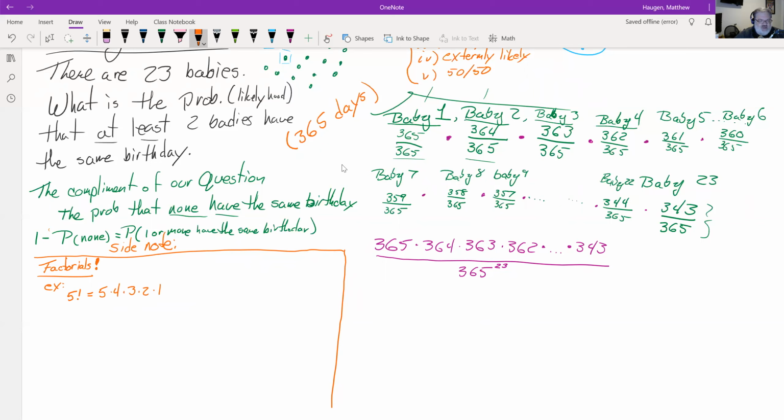It's the product of every counting number from the number given down to 1. So 5 times 4 times 3 times 2 times 1 is what, 120. 20 times 6, yeah, 120. So 4 factorial would be 4 times 3 times 2 times 1, which is what, 24? Yeah.